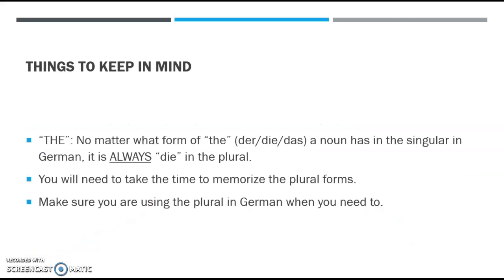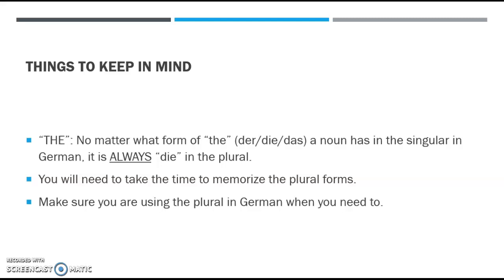Now, some things that I need you to keep in mind. We've been doing a lot with the form of the, so that's the der, die, and das, but actually something that's easier for the plurals. If you're talking about more than one of anything in German, the der, die, and das is always die.